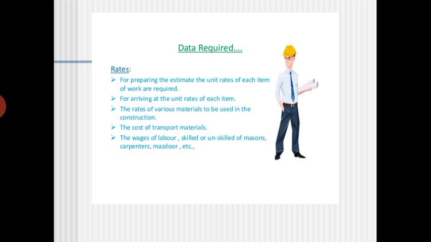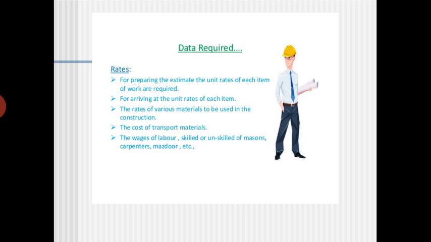The fifth point needs to be taken care of, because nowadays, if you try to find out the total cost of the building, you are getting 50% for the materials and 50% for the labor, for the carpenters. That is what is happening.